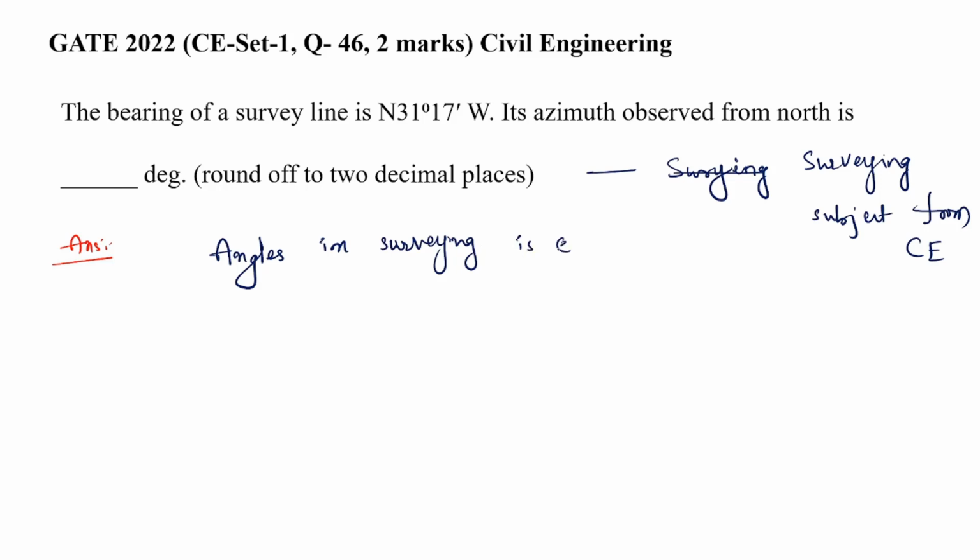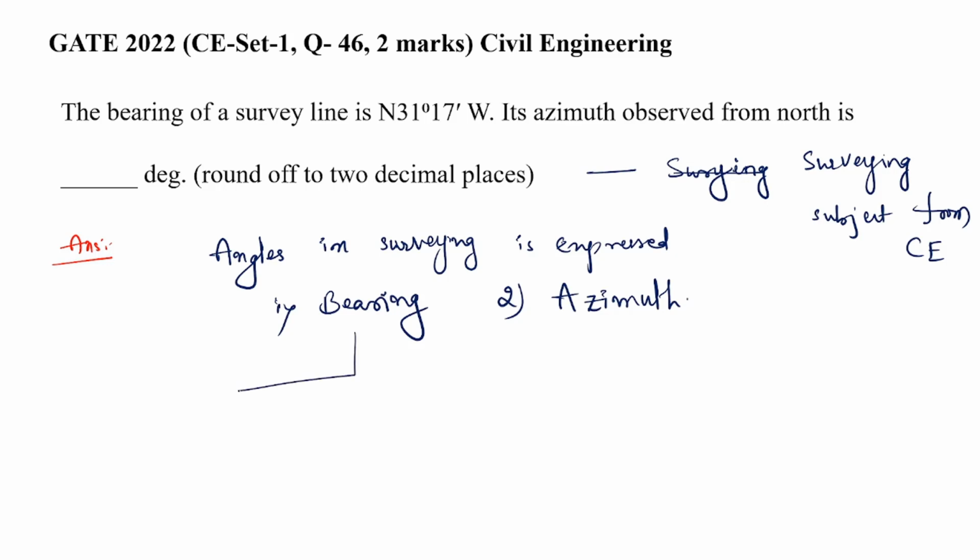Angles in surveying are expressed in different ways. One of them is bearing, another one is azimuth. Bearing is an angle generally expressed between 0 degrees to 90 degrees in any one of the quadrants.